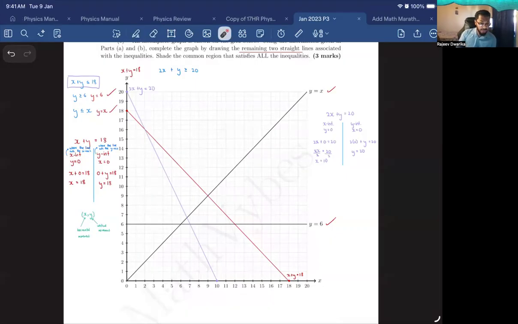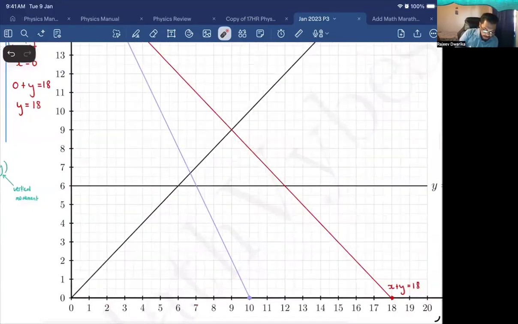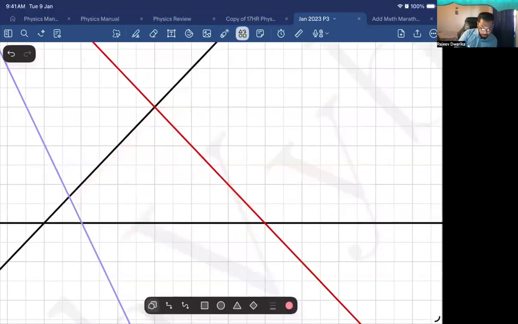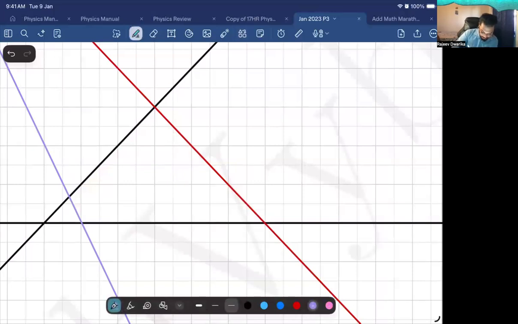Now, this might confuse some students. So Akil, if I shade over here, would that confuse you? No, but I feel like it will confuse a lot of other students. So I will go over it in detail. Guys, don't be scared. I will try my best to explain it in very raw detail.